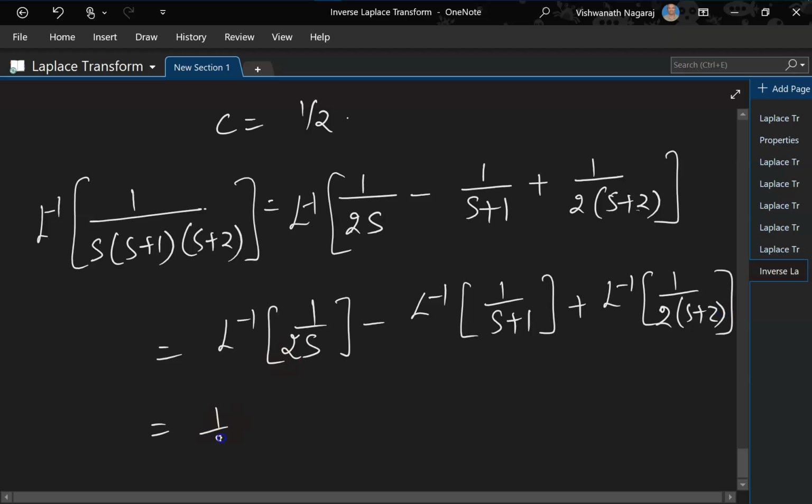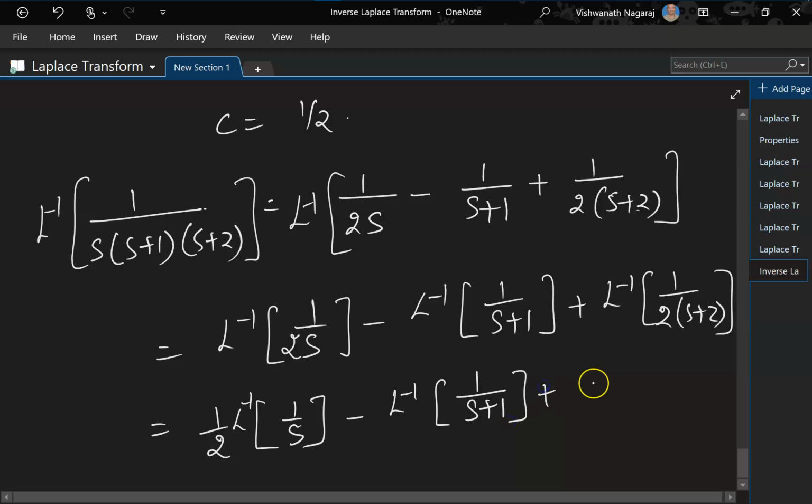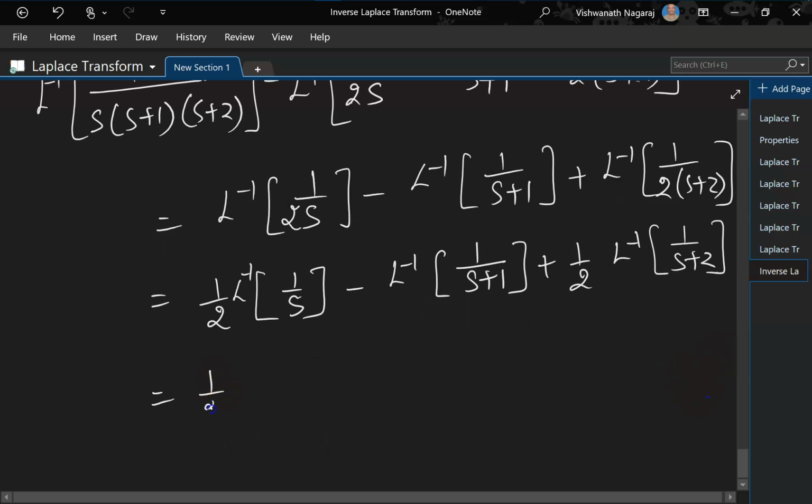Okay, here 1 by 2 can be taken out, and we are left with 1 by 2 Laplace inverse of 1 by s, minus inverse Laplace of 1 by s plus 1, plus 1 by 2 inverse Laplace of 1 by s plus 2.